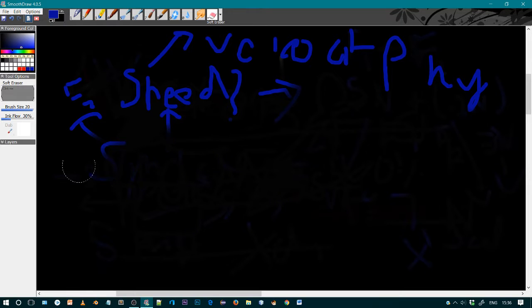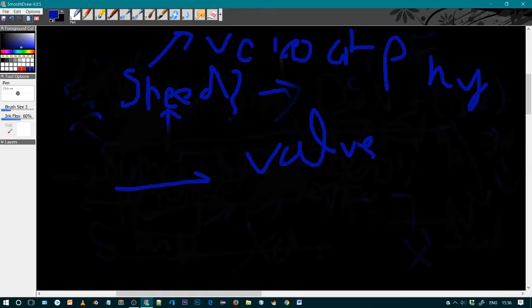So let's get started. Vectors are quantities which have a magnitude, a value, and a direction.